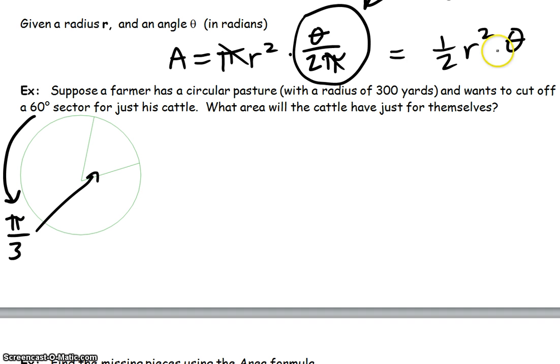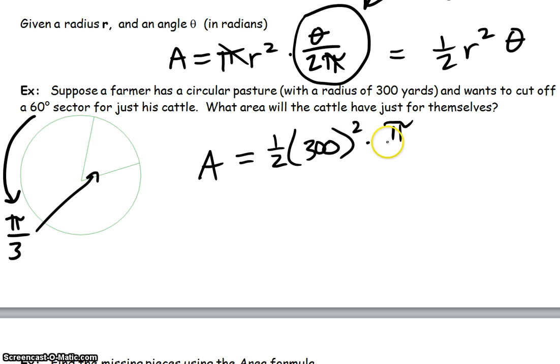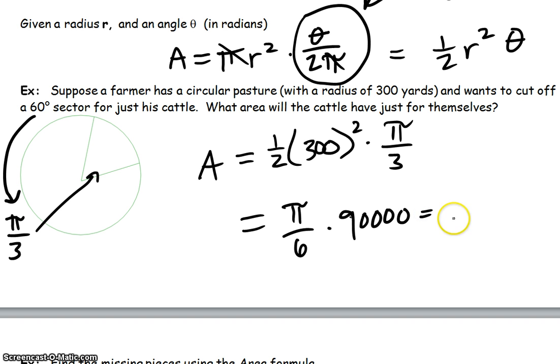Well, based on this area formula, it's 1/2 times your radius, so 300 squared, times pi over 3. So if I take 1/2 times pi over 3, that's pi over 6, times 300 times 300, I get 90,000, which is going to reduce to 90,000 pi over 6.